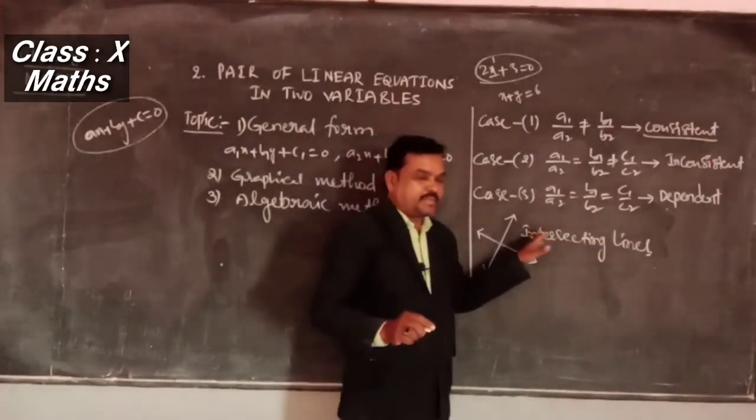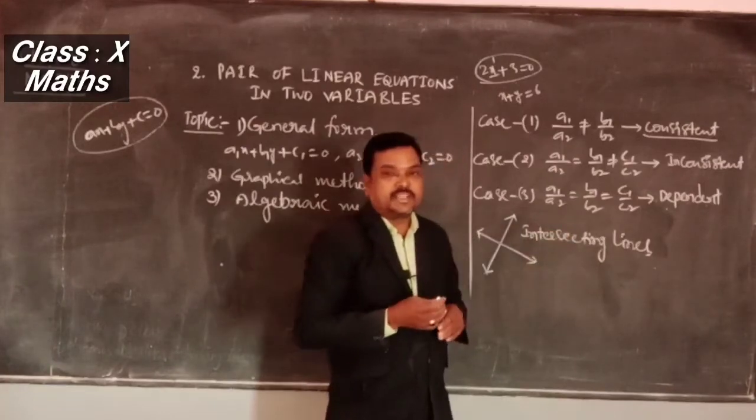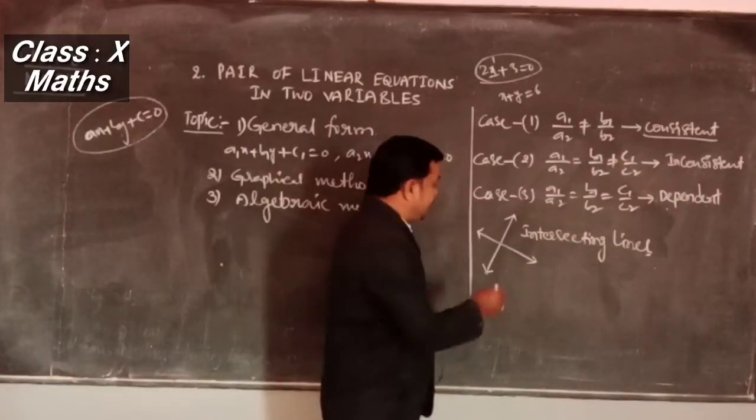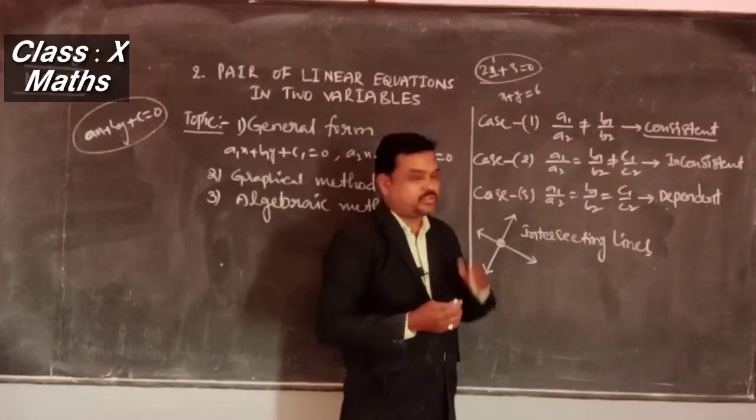According to the graphical method, the two lines will be intersecting lines. This is the graphical representation. The algebraic representation is that they have only a unique solution, only one solution.